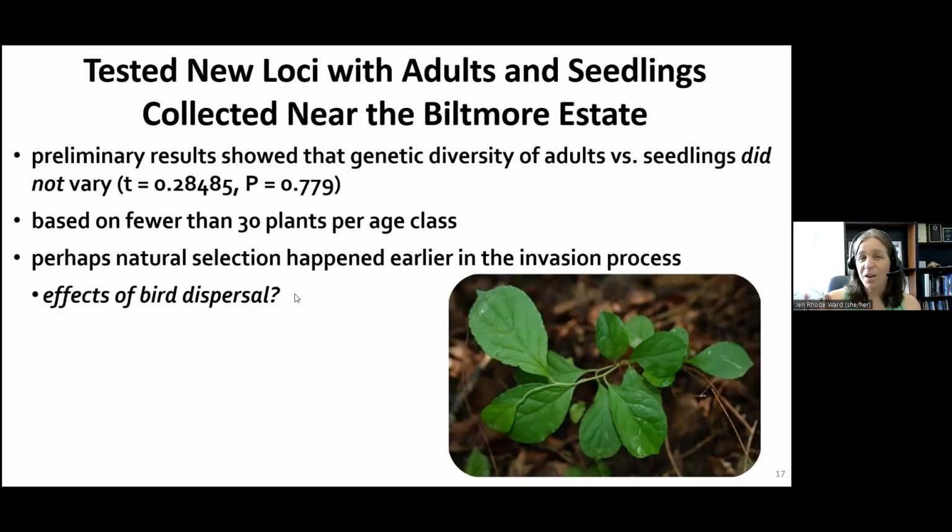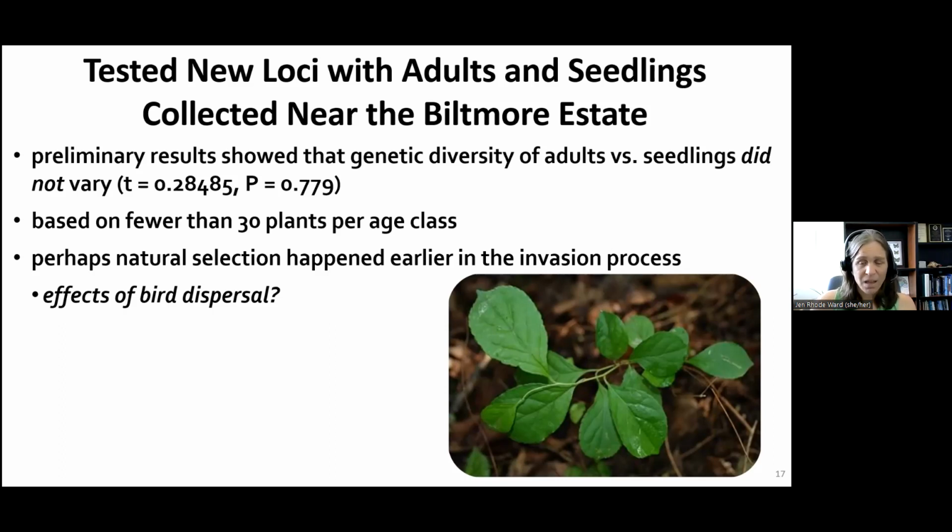So a couple things. If this pattern is true, maybe the natural selection happened early on in the invasion process, 120 years ago, and is not currently happening. I am curious though, because even if the natural selection has happened, we're on major migratory pathways here in Asheville, right?